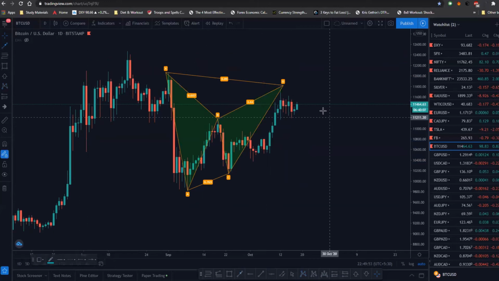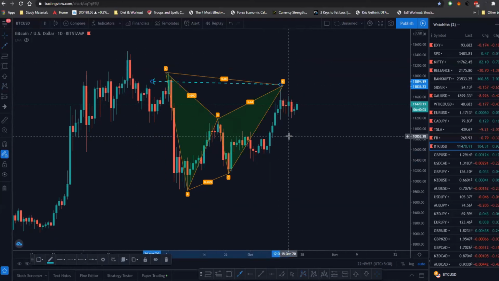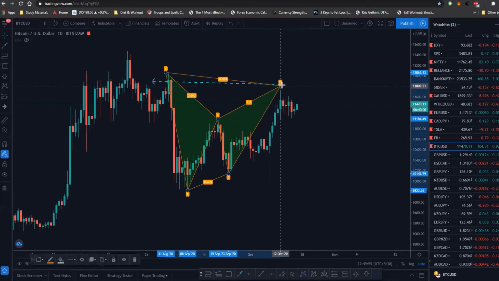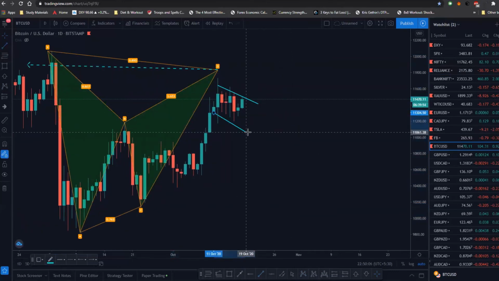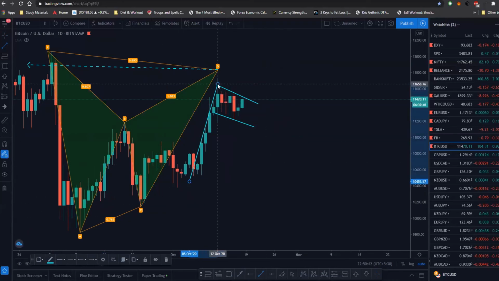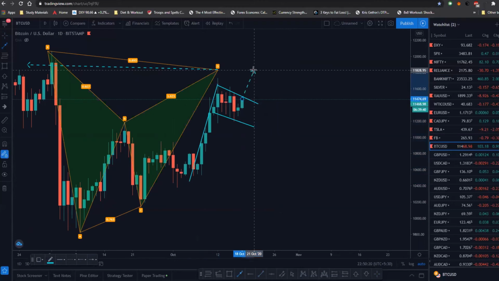Look left. What do we have? Quite a lot of structures. It just shied away from testing that zone. Probably it is doing a flag pattern, and it is a valid flag pattern because we have an uptrend, an impulse move up, and the market is slowly playing around in there. Again, I want the market to go and test this level and then come down from there.